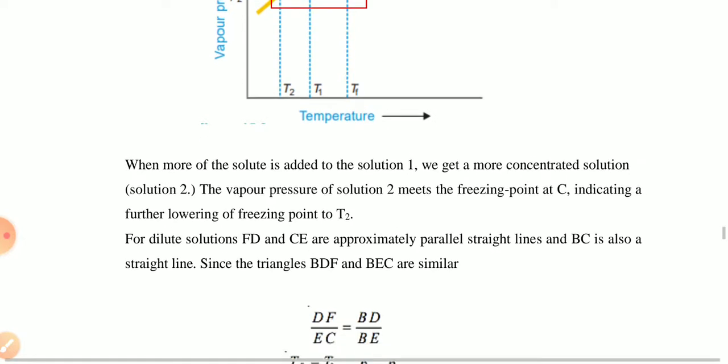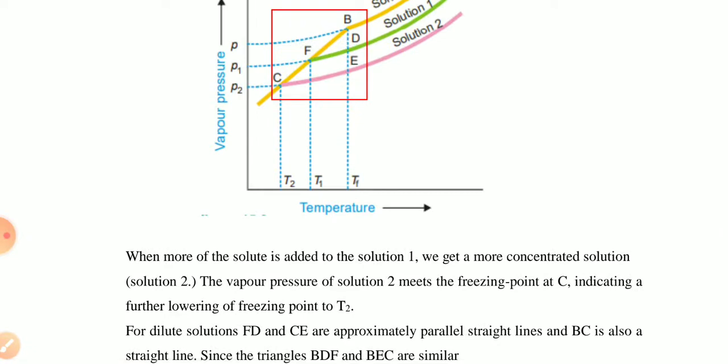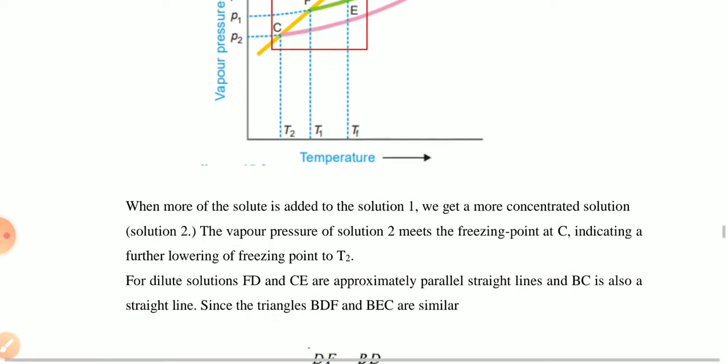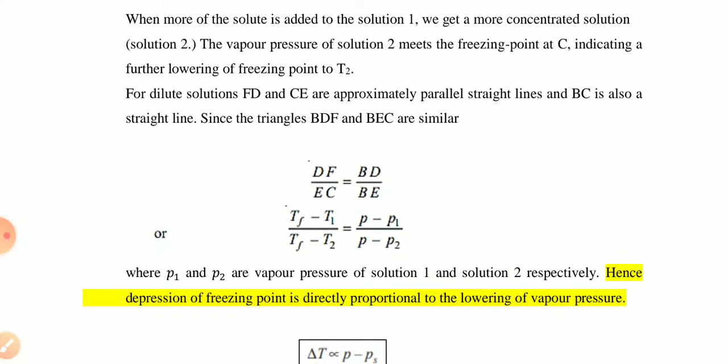So triangles BDF and BEC are similar. If you put the values, we get TF minus T1 and TF minus T2, and P minus P1 and P minus P2.